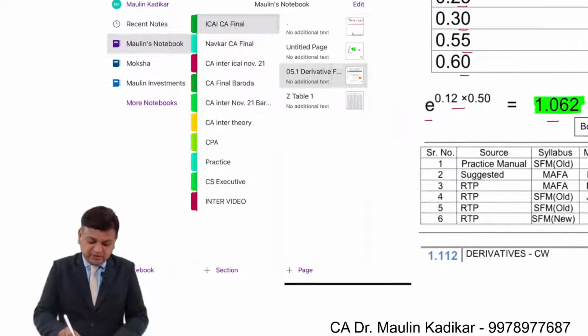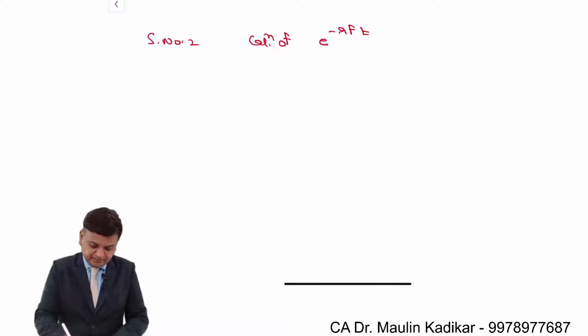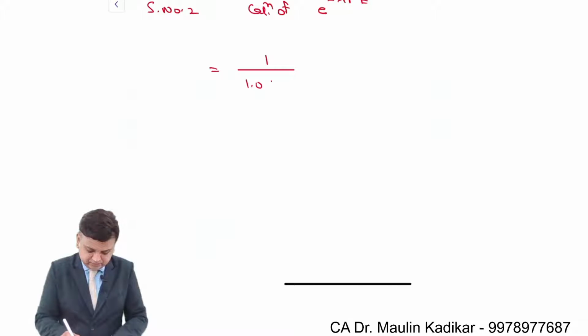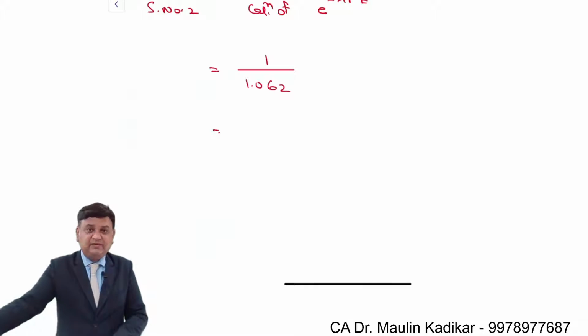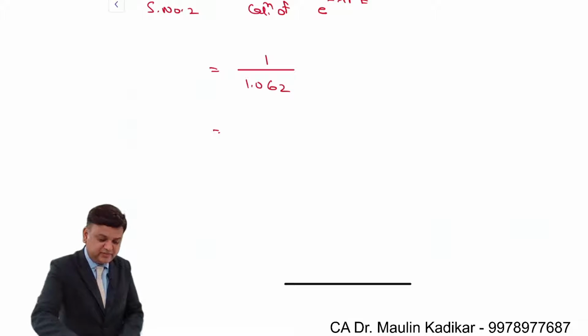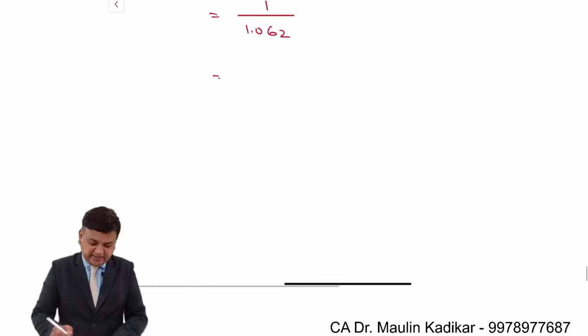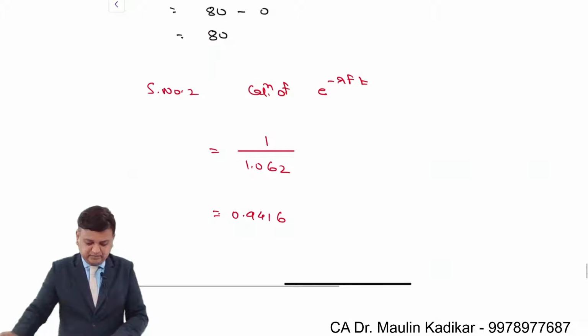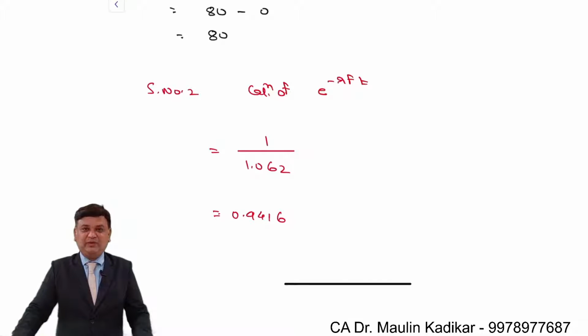So as a student you need to understand that the answer will be found like this: 1 divided by 1.062. This is the way we are required to make the calculation, because we have been provided with the information in the question. So 0.9416. This is the way step number 2 will be applied.